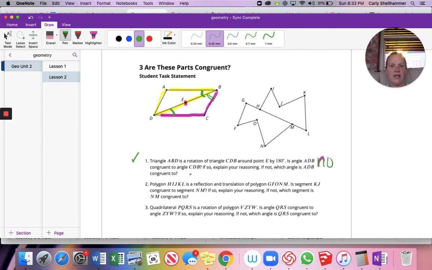Polygon HIJKL is a reflection and translation of GFONM. So HIJKL, highlighter. See if I can do a better job.